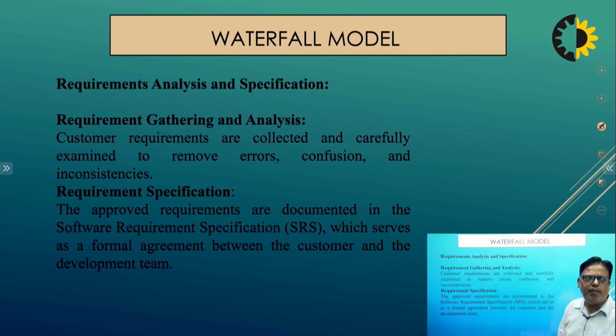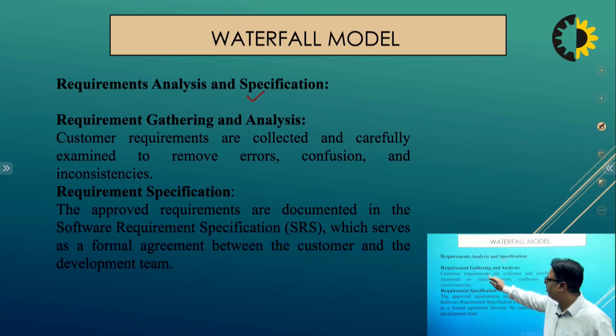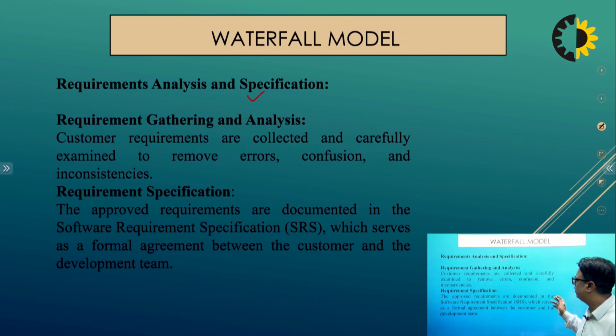Second, requirement and specifications. First phase, requirement analysis and specifications. What is the process of collecting requirements from the customers? There are different methods for collecting requirements from the customers, which I already discussed in the previous slides.